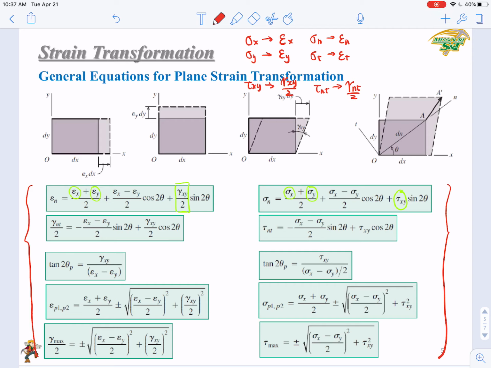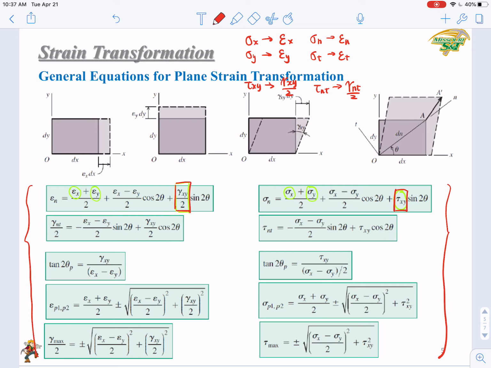Then let's highlight the differences in these two sets of equations. First of all, in the first two equations, you have a tau xy in the stress equation, and you will find a gamma xy over 2 in the strain equation.